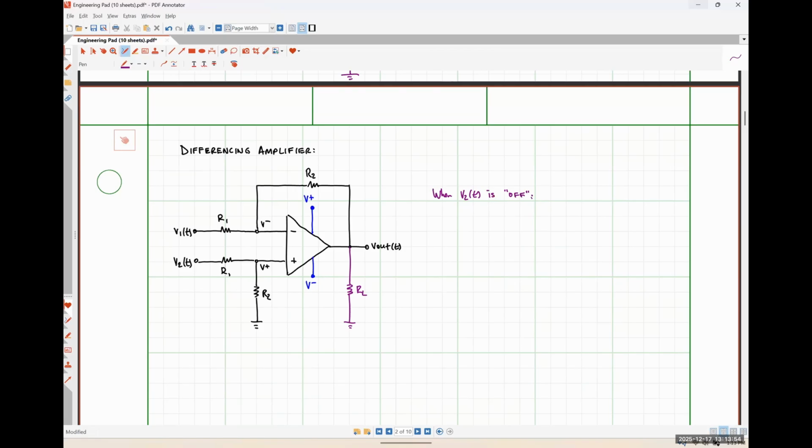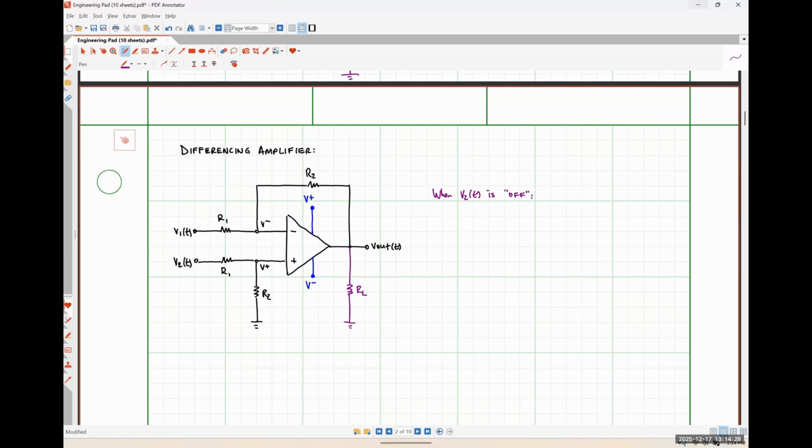Zero volts, okay? So let's just imagine that that V plus terminal was connected directly to ground then, since we know that there's 0 volts there. What kind of amplifier would that be? So we have an input signal applied through some resistive network on the inverting side of the amplifier, right? So it's literally just the inverting amplifier that we talked about a couple of minutes ago. Well, we know what the input-output relationship for that is, okay?